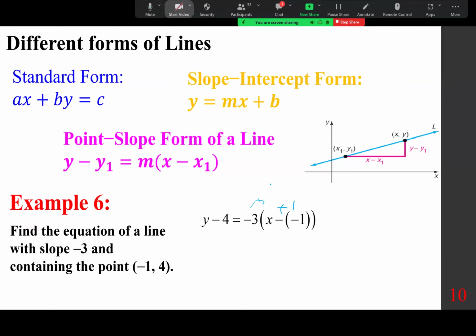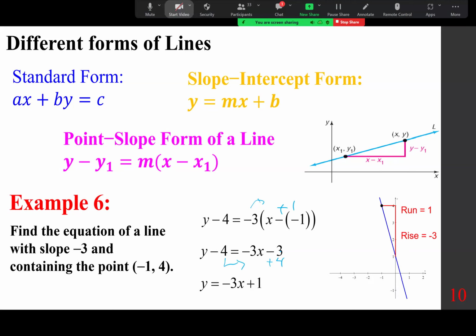We distribute the negative 3. We move the negative, becomes plus 4. And we can graph with the pair (negative 1, 4) with the slope of negative 3.